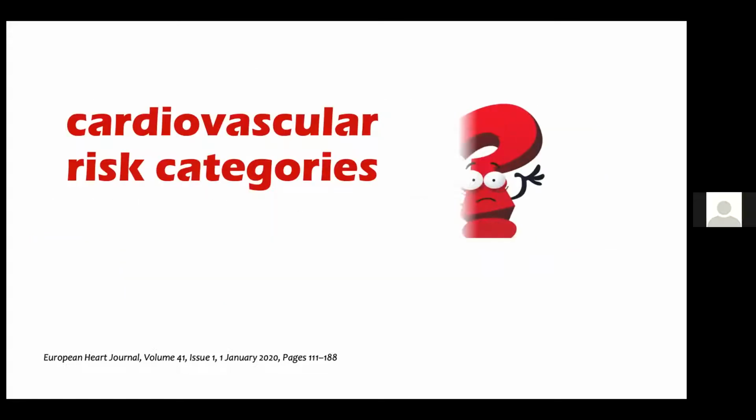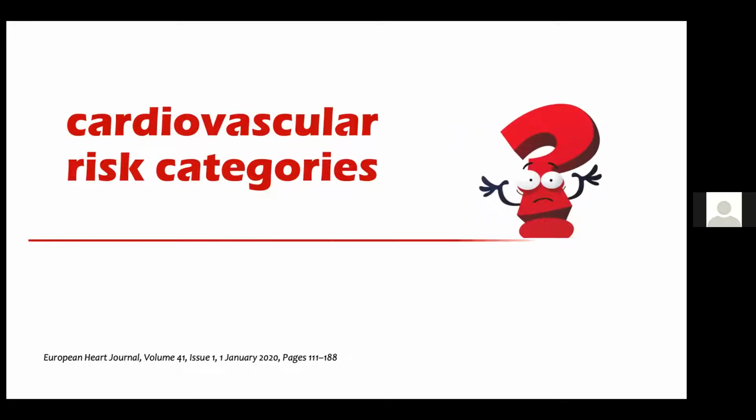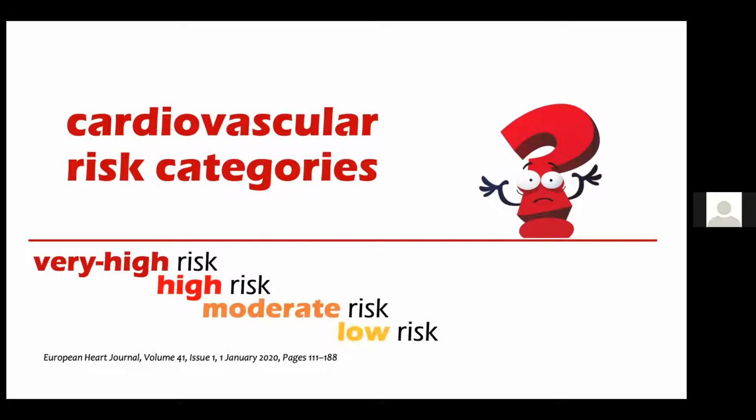And when you go and assess your patient's cardiovascular risk, we need to remember that your patient will be either very high risk, high risk, moderate risk, or low risk. We need to be able to assess and document that.